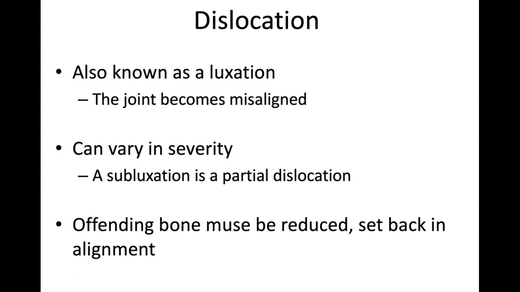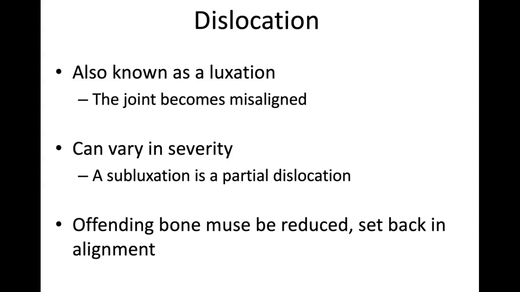Part of that depends on whether, when those bones pop out of their synovial joint, they go back in by themselves or if they have to be realigned by somebody. Partial dislocation is called subluxation, that can also occur. So I hope this helps you as you wrap up joints and prepare for your joint test.